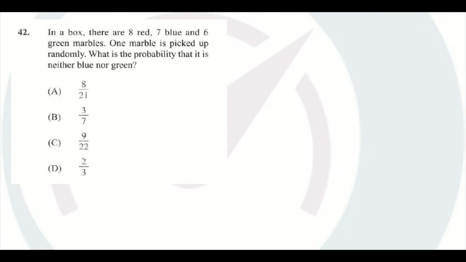So how many marbles do we have in total? The total number of marbles would be equal to 8 plus 7 plus 6. So that would give us 21 marbles.